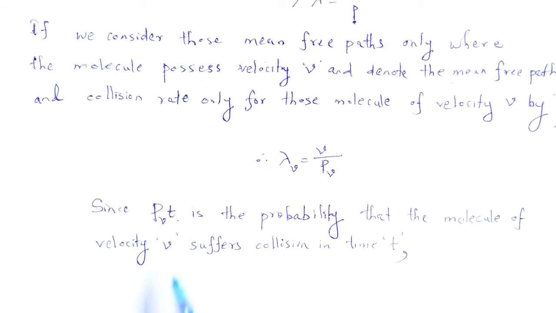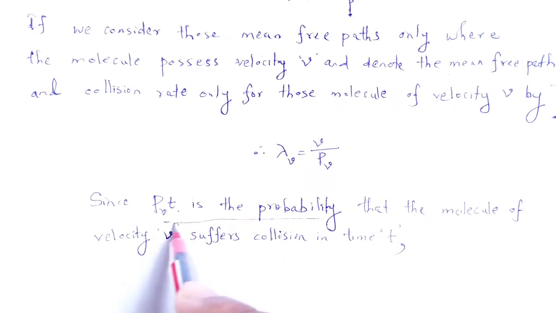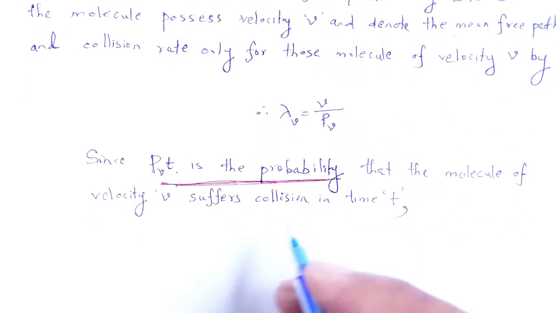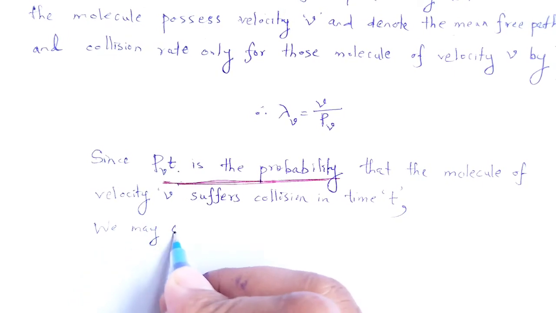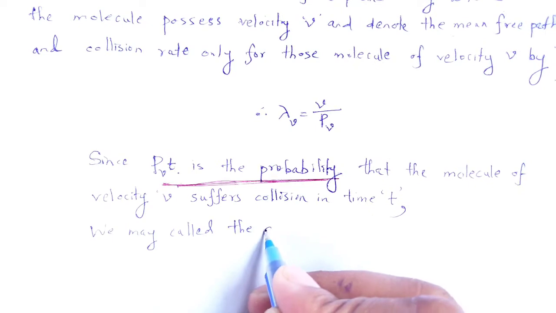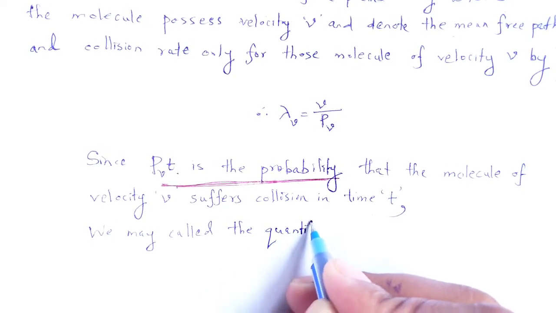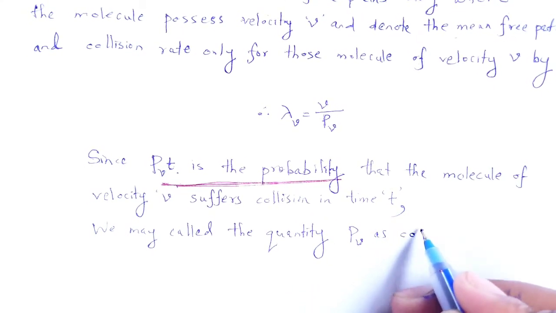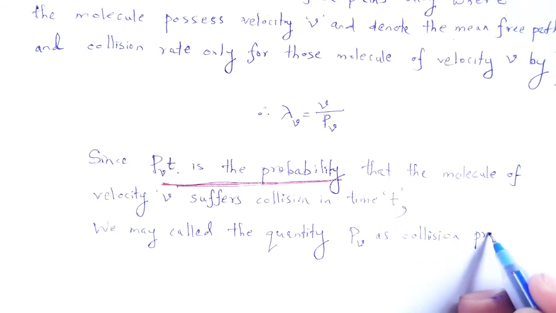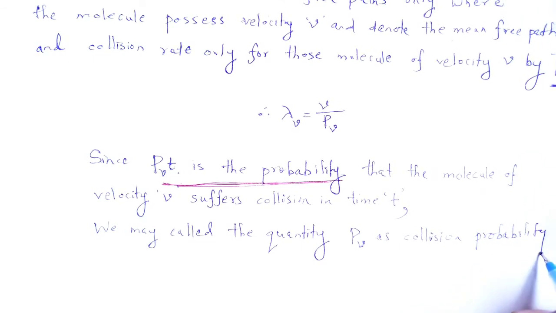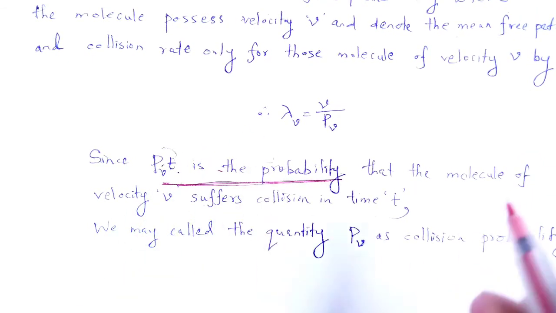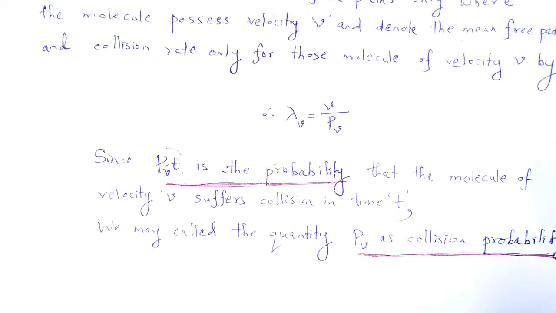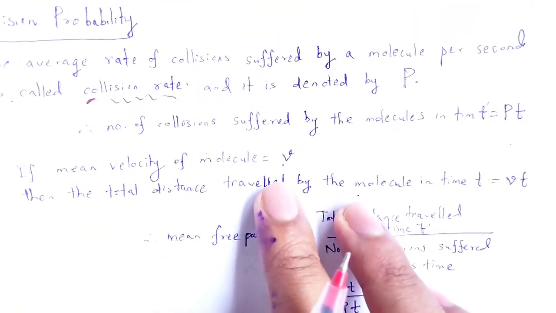P of v into t is called the probability, and the quantity p of v is called the collision probability. This is for collision probability.